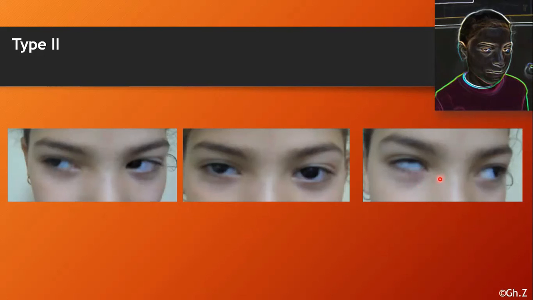So we can say it is a limitation of adduction and upshoot. We consider this case according to the photos as type 2. So this is type 2 exotropic Duane on the right eye with upshoot, according to the photos.